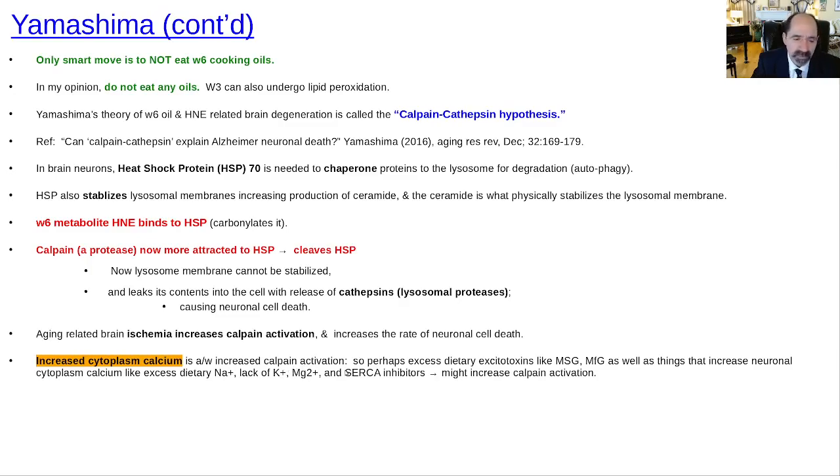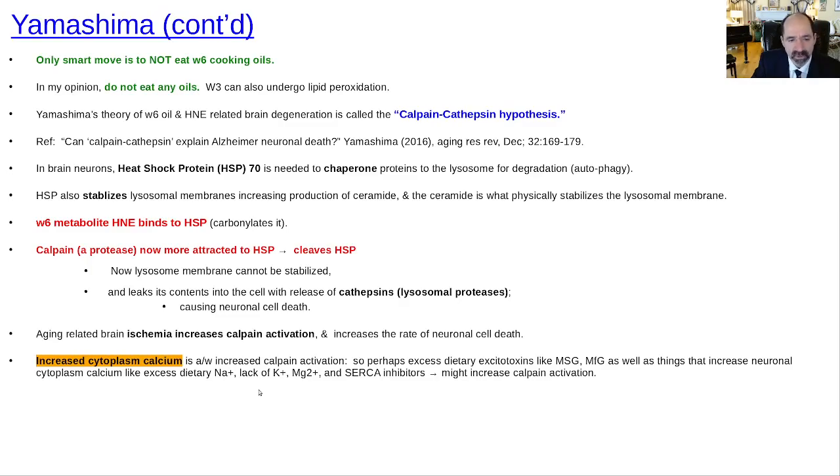Okay, and so what I'm saying is other things increase cytoplasmic calcium in a brain neuron. And we talked about these in other lectures. You know, there are the potential excitotoxins: MSG, MFG, manufactured glutamate, excitatory amino acids, aspartame. All these things are thought to function as excitotoxins in the hippocampus memory center of the brain.